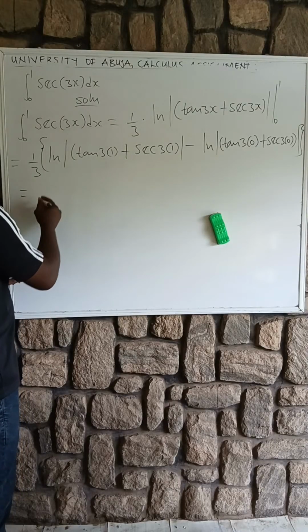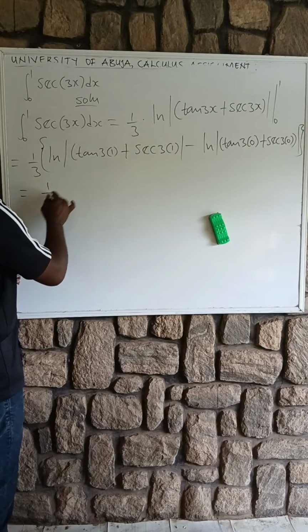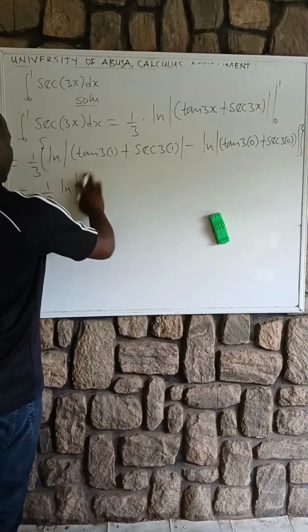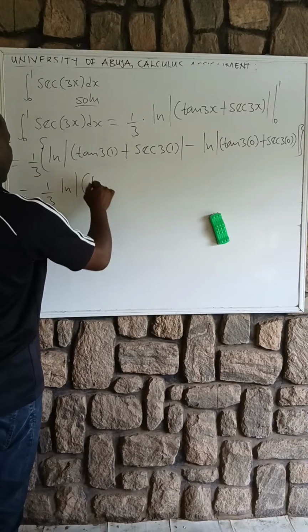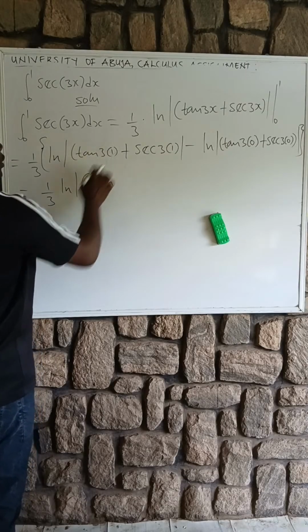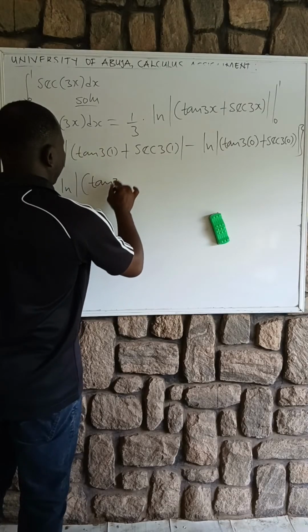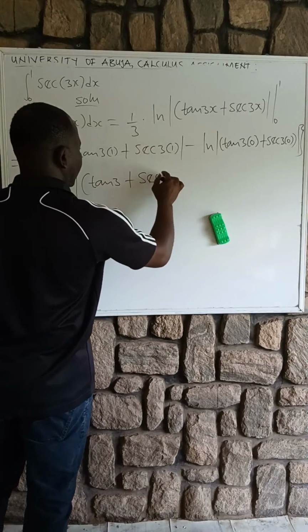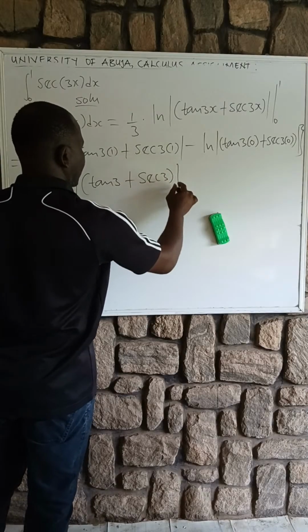We can leave it in this form: 1 over 3 times ln of tan 3 times 1 plus sec 3 times 1.